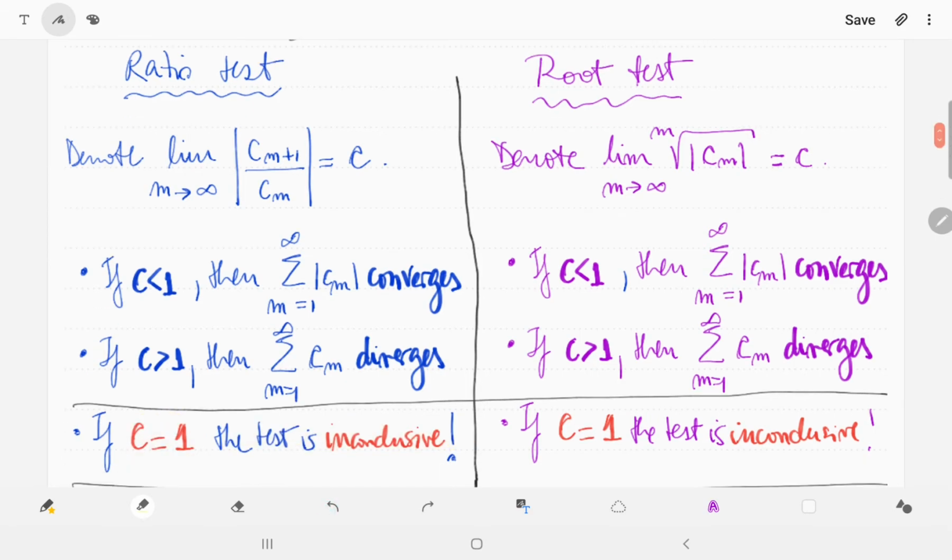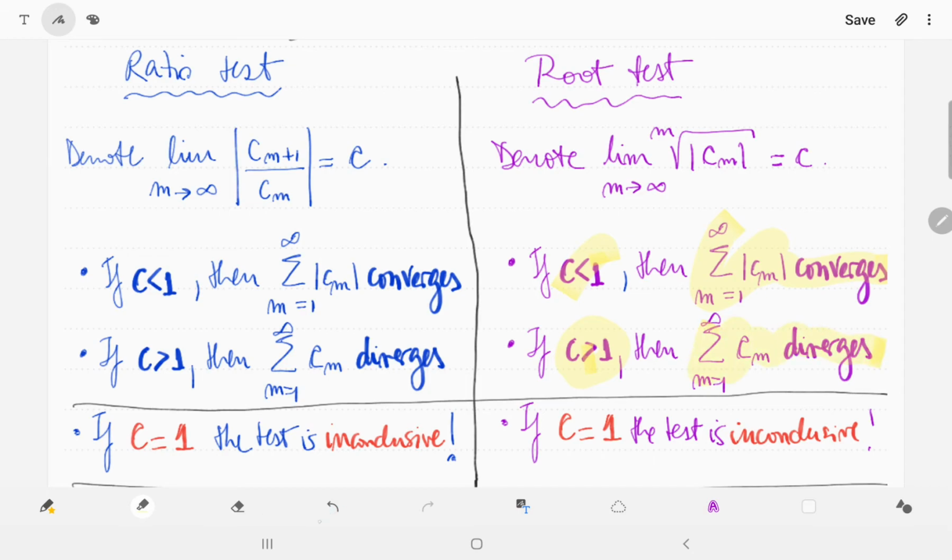And same for the root test. We have this limit, and if we call this quantity C, we have exactly the same consequences. If this C is strictly less than 1, then the series converges, and if it's greater than 1, then the series diverges.